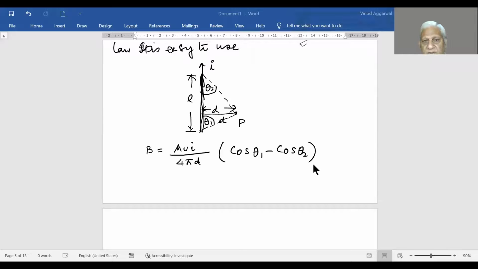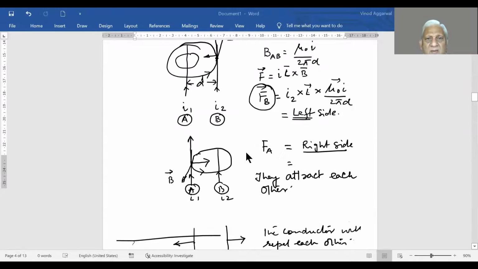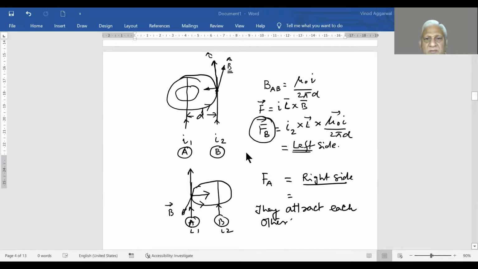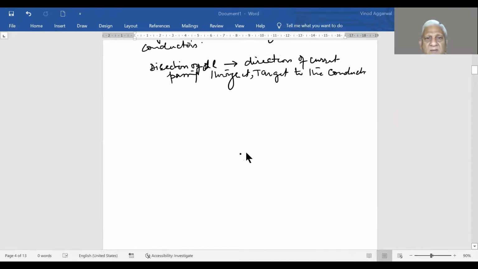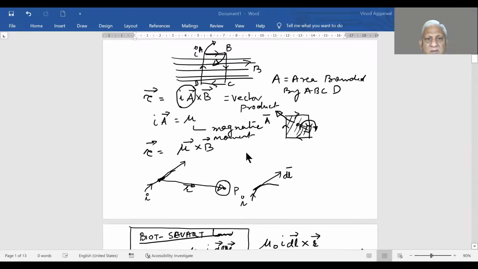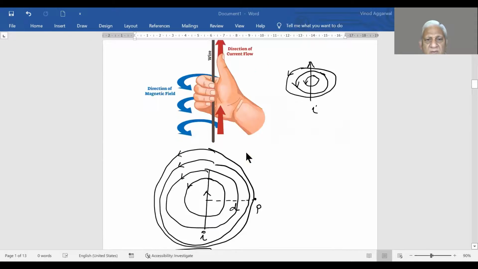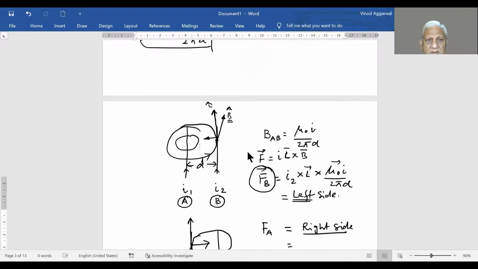Now suppose we were to see, will this formula yield the same result as earlier for long conductors? What we've seen earlier is for long conductors. Now let's work it out.